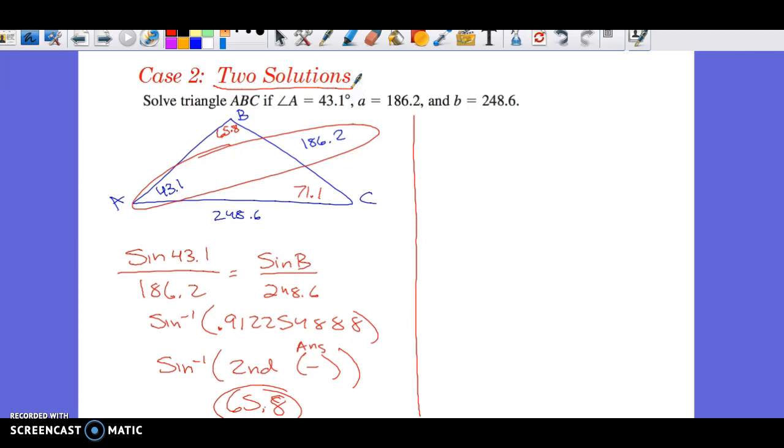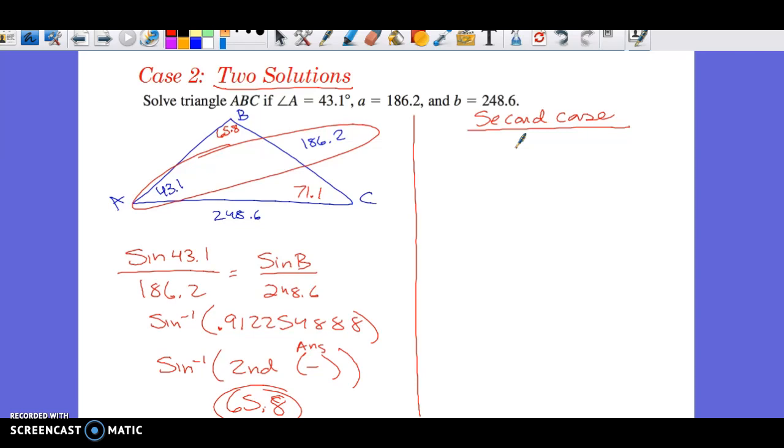This is correct. If I actually found this third side, you would see that small is across from small, big is across from big, all of that. To find the second case, and eventually we'll do a worksheet where you'll see the words second case. When you see that, that's an indication that you're going to have to subtract from 180.